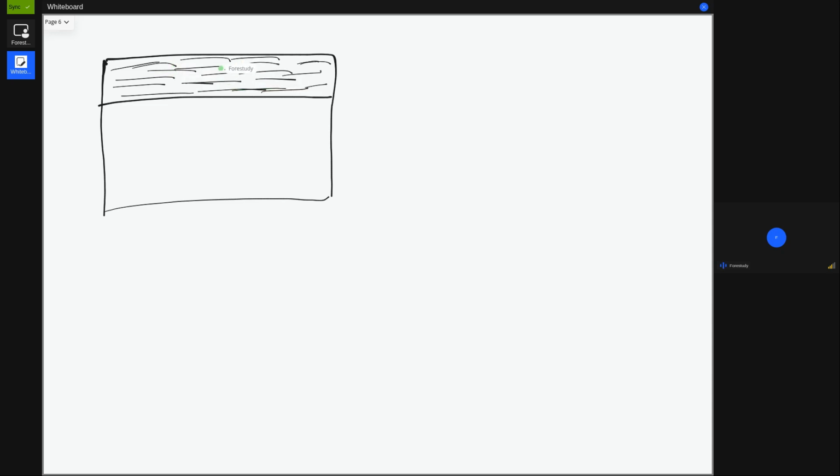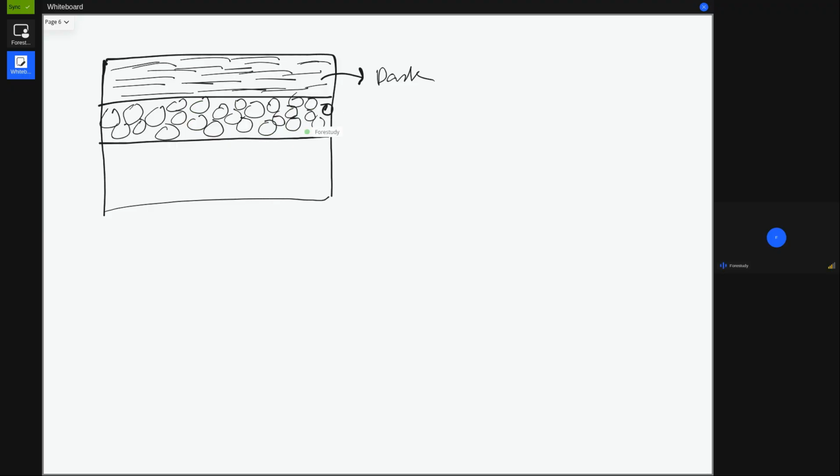say biotite rich or mica rich. Mostly this will be dark in color, whereas another layer will be quartz rich, feldspar rich. This will be another band, which will be lighter in color.